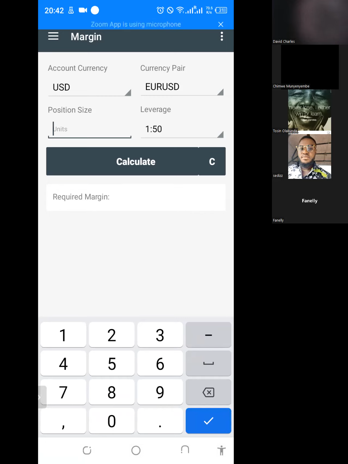It says position size. Let's put it at 3.2. Our leverage there is 1:500. You can see it, 1500.